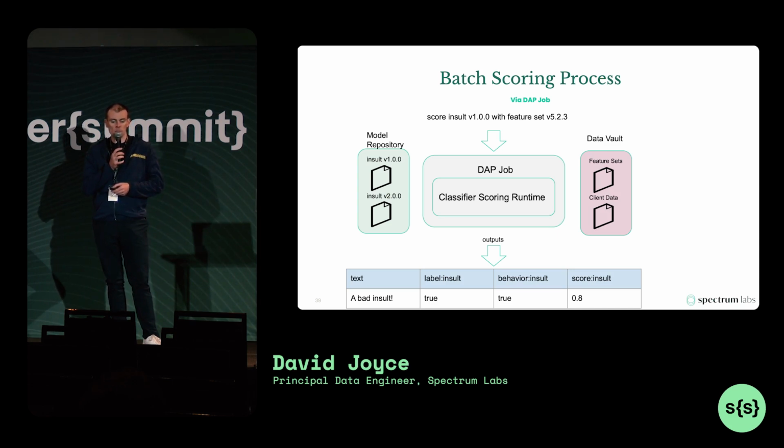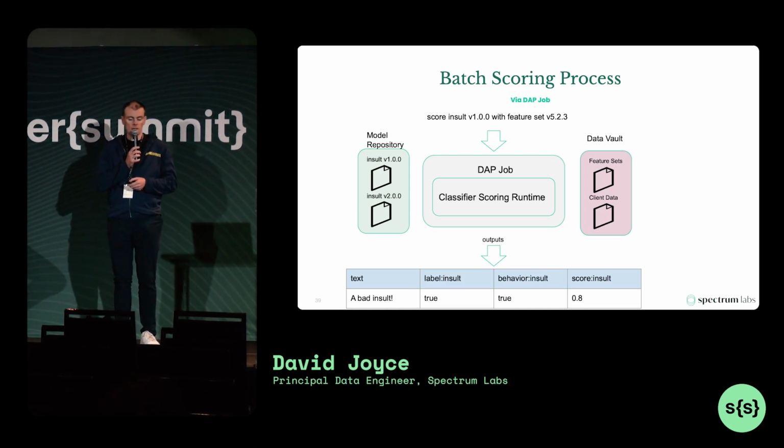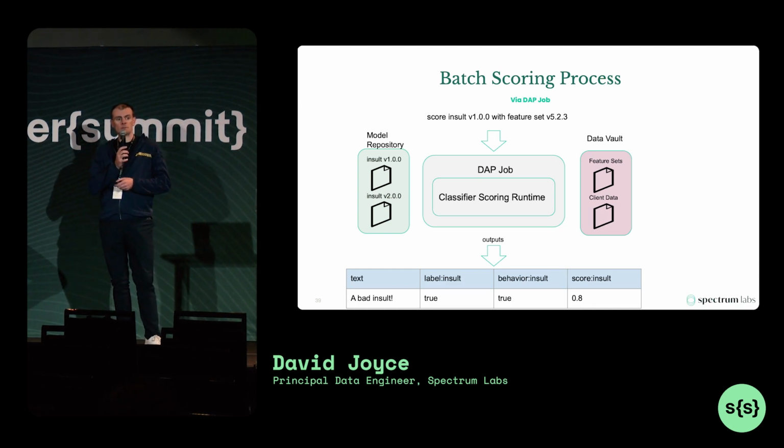The DAP job will go to a model repository, retrieve the appropriate classifier that has been trained in the process that Jambo just described. It'll also go to our data vault catalog, retrieve the data set, and then score the data and eventually classify it into a result, which you'll see at the bottom where we got our input text, we got our human label, which I guess is the expected output.